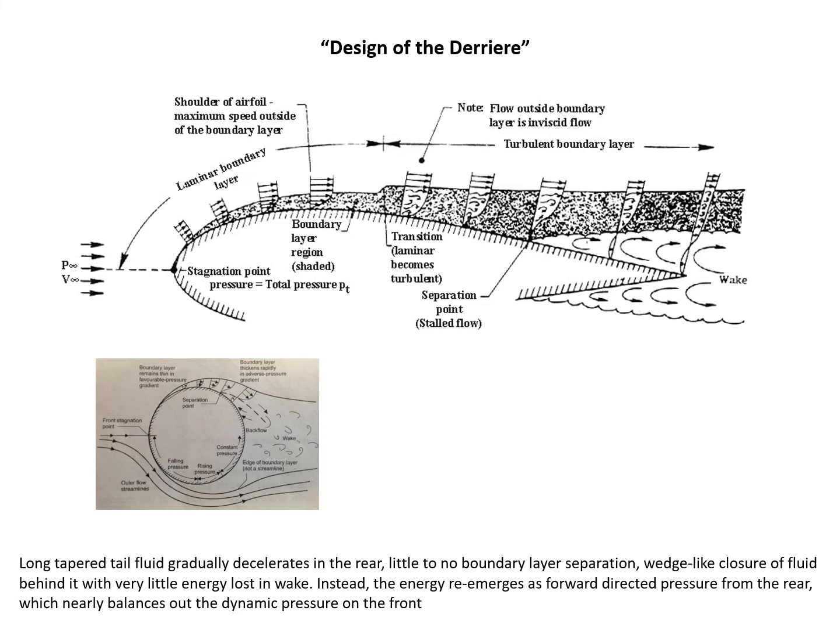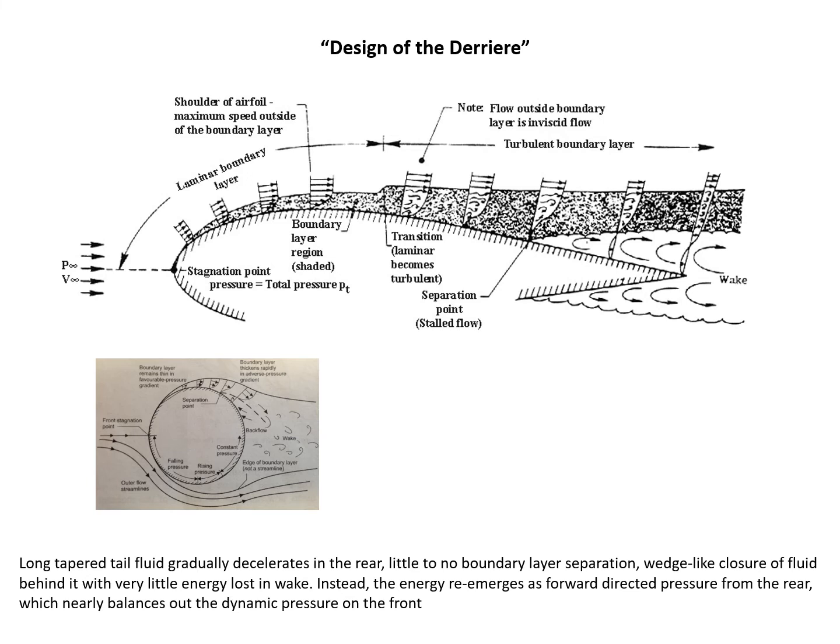Instead, that energy reemerges as a forward-directed pressure from the rear. And that nearly cancels out the normal force at the front, that dynamic pressure at the front that was opposing flow.